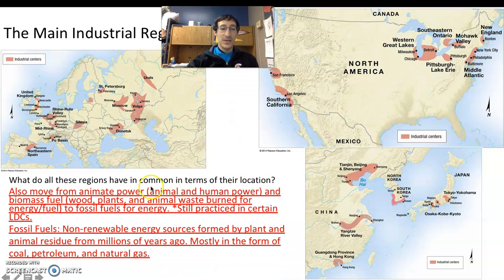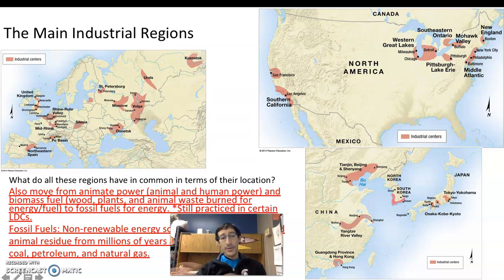Most of it is powered by fossil fuels, which are non-renewable energy sources, coal, petroleum, and natural gas, a lot of it coming from plant and animal residue from millions of years ago. That's the shift away from the animal and human power that was used before.